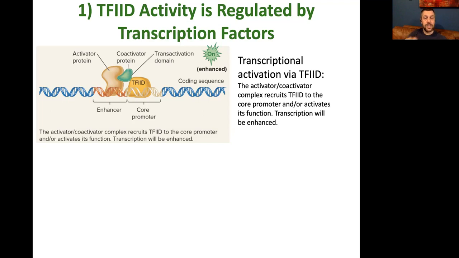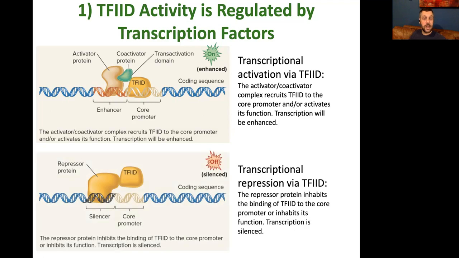So what you see here is an activator protein, a transcription factor, bound to this enhancer. It's talking to TF2D through another co-activator protein. And TF2D is bound to the core promoter. Now in this case, this gene is going to be on, transcription will occur because TF2D is required to get RNA polymerase 2 to do its job.